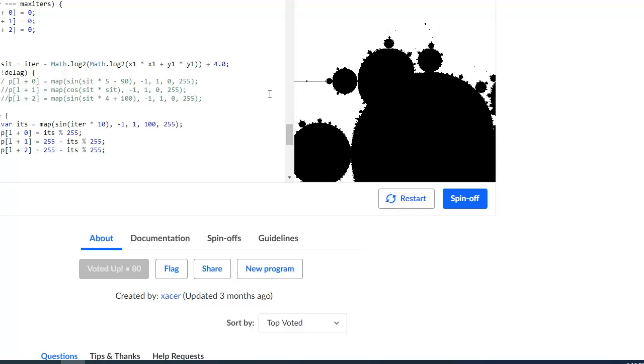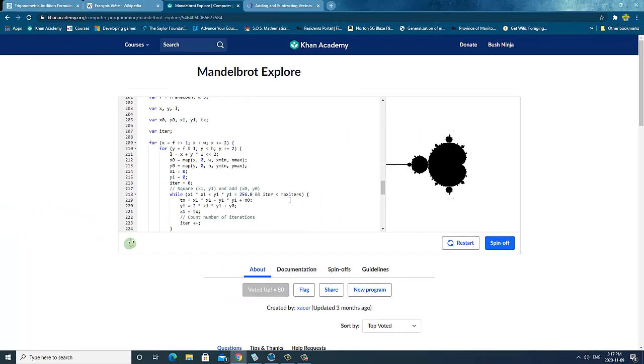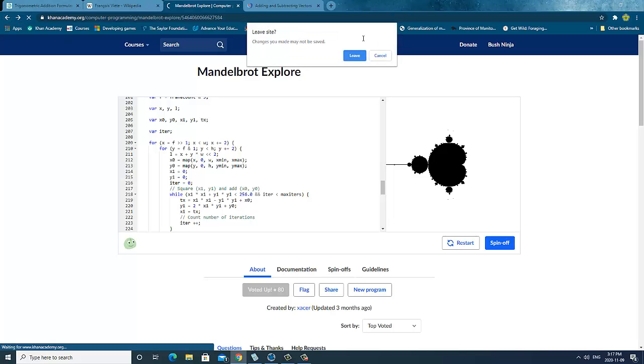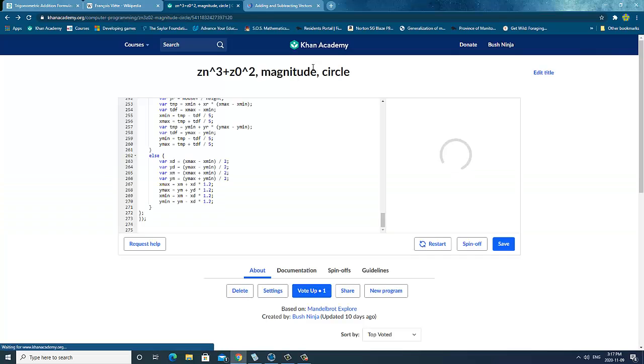It just makes a mess. So let's go back to the first one here. So that's the Mandelbrot set.